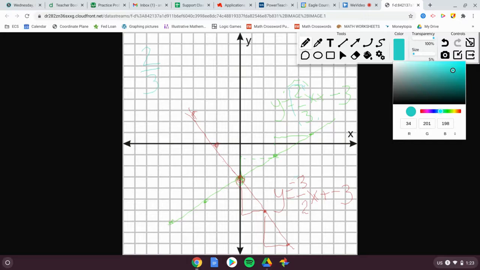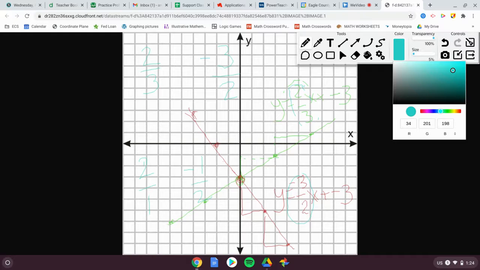And for red, we have -3/2 for our slopes. Before we had, what did we have? Did we have 2 over 1? And then we had -1/2.